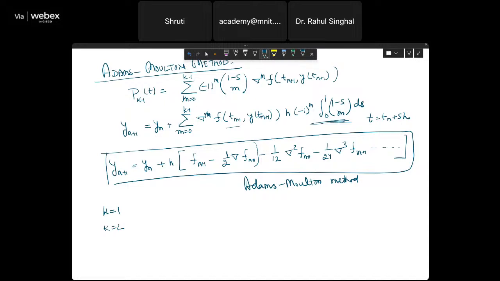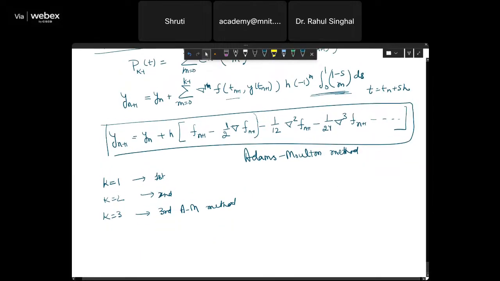In this case it will be a second order method, in the previous case a first order method, and if k equal to 3, then we get the third order Adams Moulton method. If it is third order, then up to 1 by 24, this kind of thing you'll get.